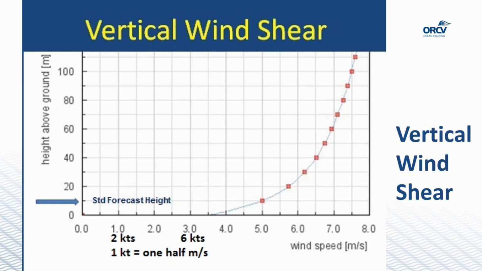Now this is based on what we call laminar flow, and that is that it's a steady stream of wind with no vertical disruption.